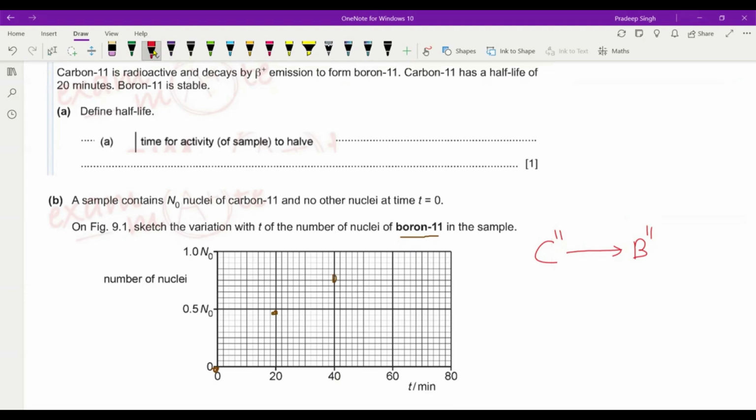So now you understood, but still for your understanding, write down this reaction first of all, and let's write down steps. At T is equal to 0, carbon is N naught.